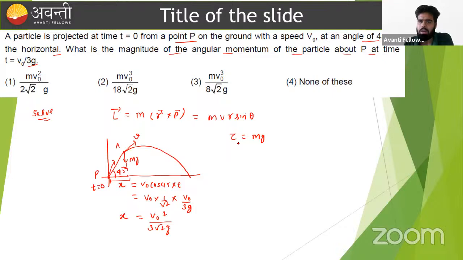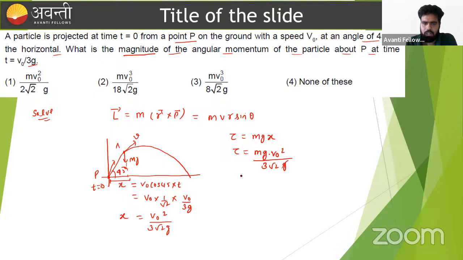If we want to write the torque, it is force into perpendicular distance. It is in the clockwise sense, but since we are only interested in the magnitude, this becomes mgx. Putting the value of x here, this becomes mg v naught square divided by 3 root 2 g.